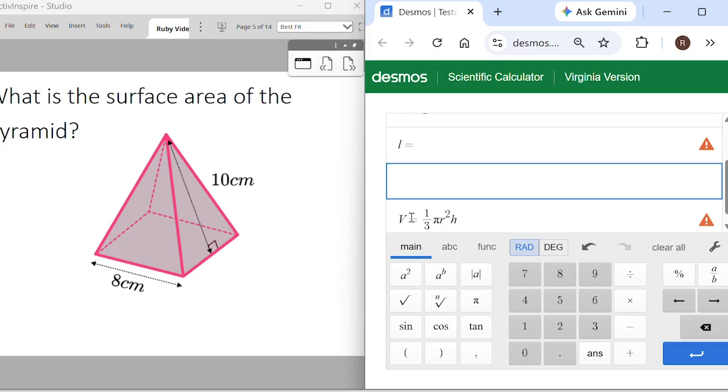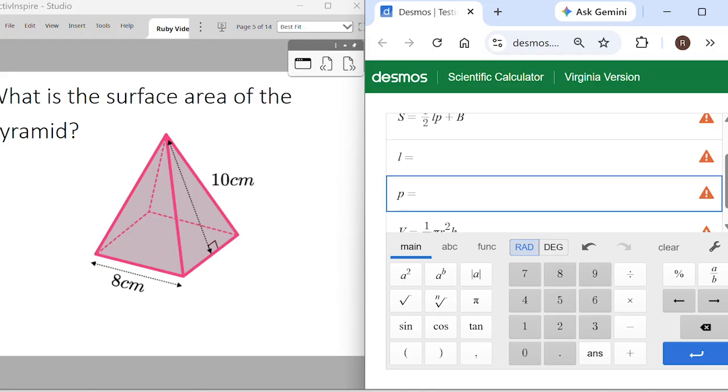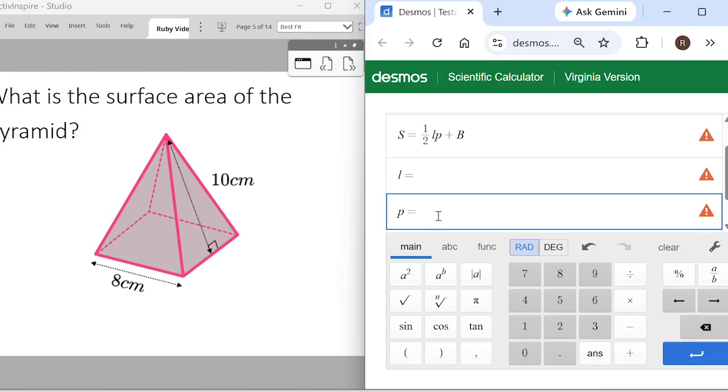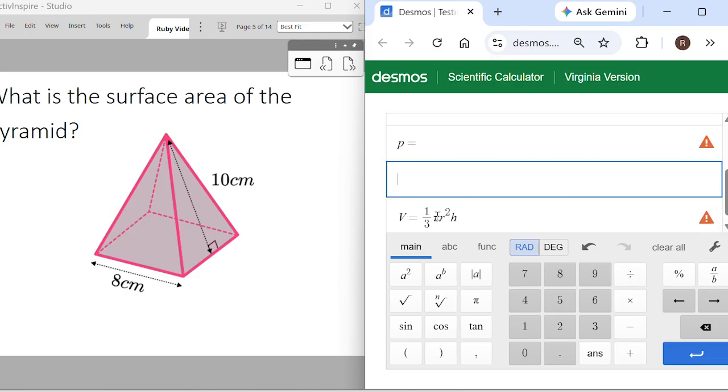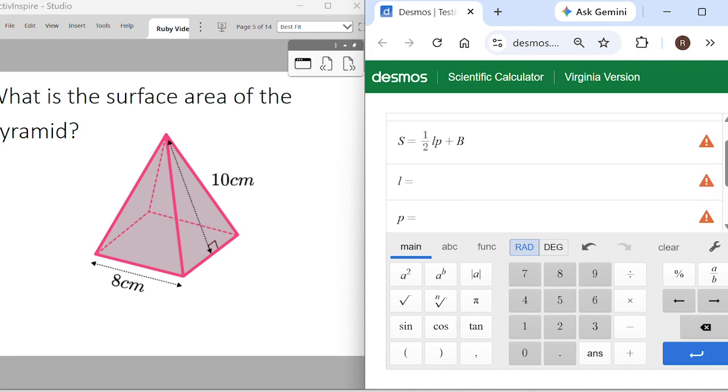It does not. I'm going to have to tell it. Does it know what P is? Nope. I'm going to have to tell it that too. Then finally, does it know what big B is? Nope. I'm going to have to tell it that as well. So this is the formula we're using: surface area equals 1/2 slant height times perimeter of the base plus big B.